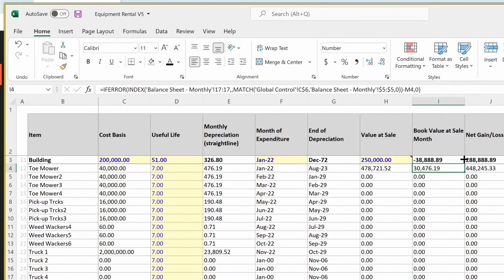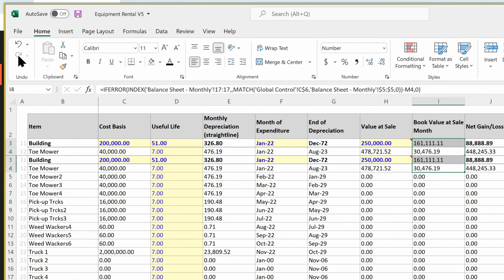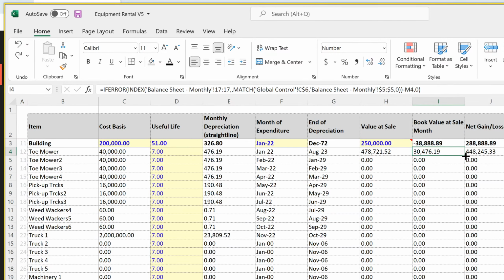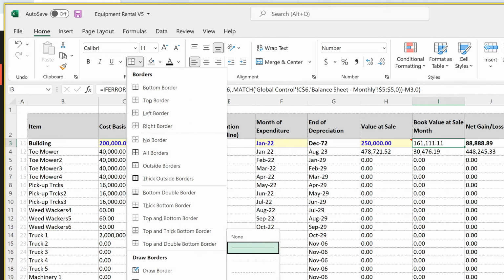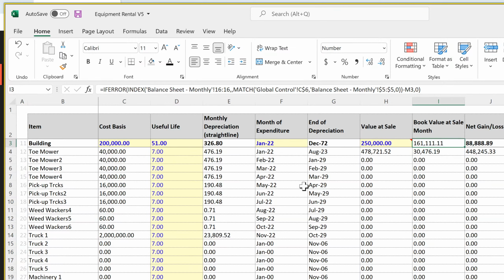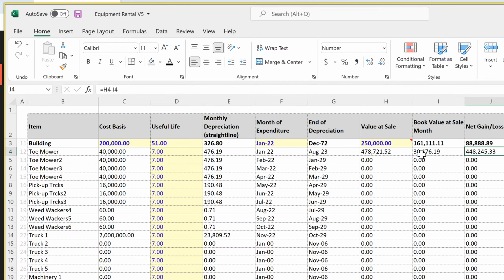Pulling this up actually. Whoop. I don't know what the heck that just did. Get a line style back in here. Okay, so this looks right, and net gain or loss is just whatever book value is left against that.